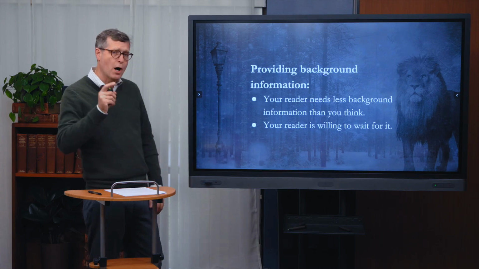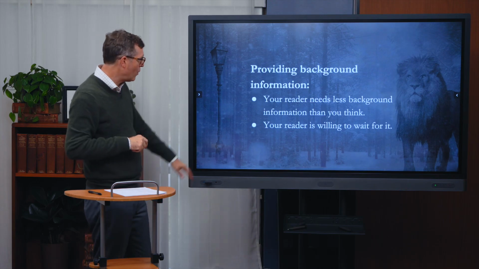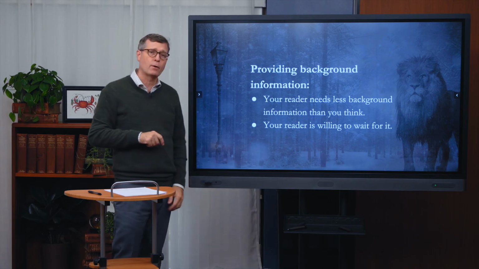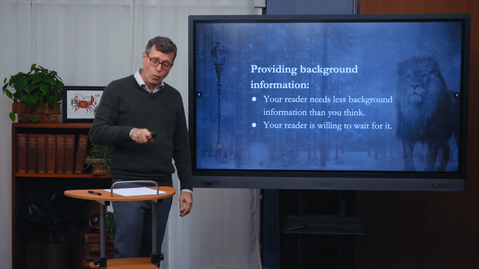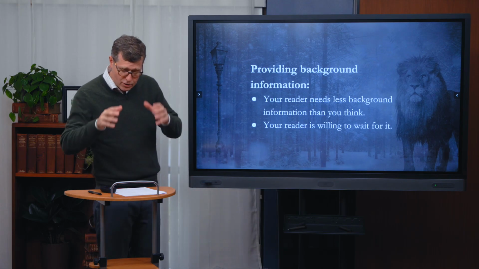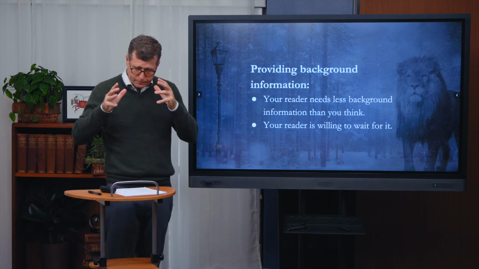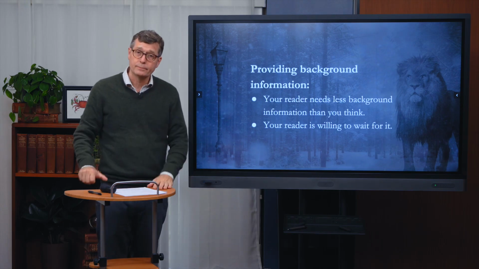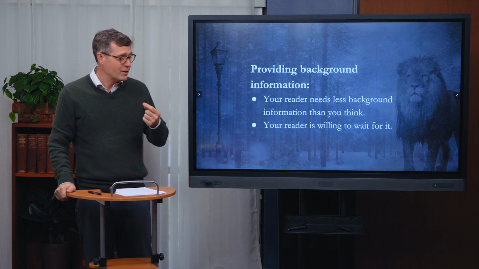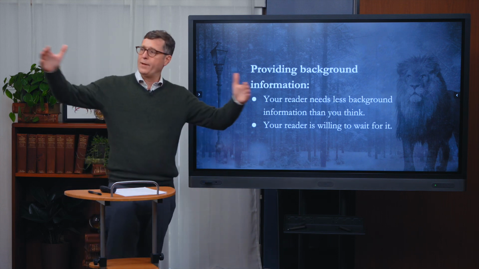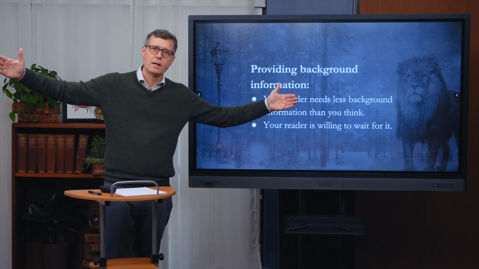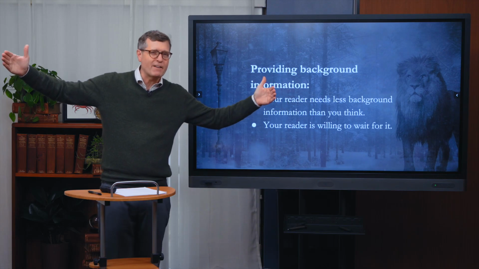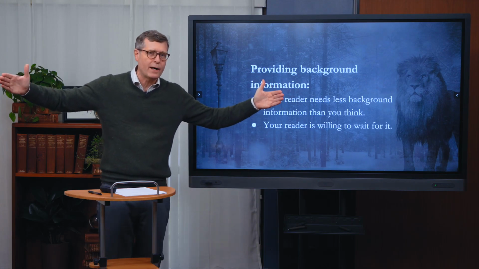A couple of things I want you to know about that kind of background information. One is your reader needs less background information than you think. So whatever it is that you think your reader needs, cut that by about a third. If you're writing a story, you know this much about the background, and you feel like if my reader just understood this much, they'd get more out of it.